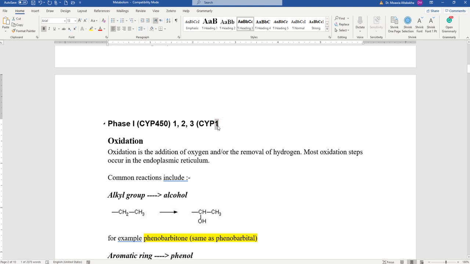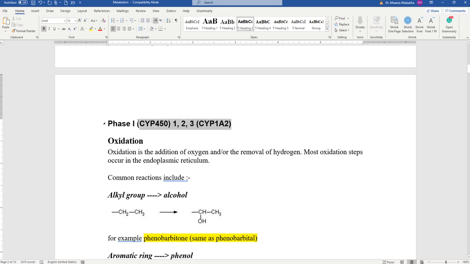When there is more than 55% similarity, they put them in a subfamily, for example A, B. And when there is more than 97% similarity in the genes that are making the enzymes, they usually are specific enzymes for a specific type of reaction. For example, 1A2.